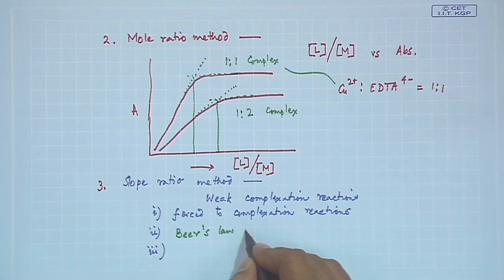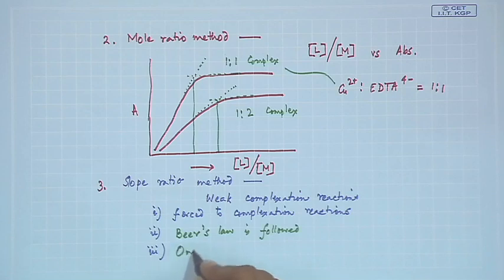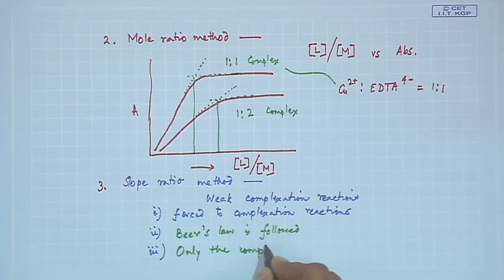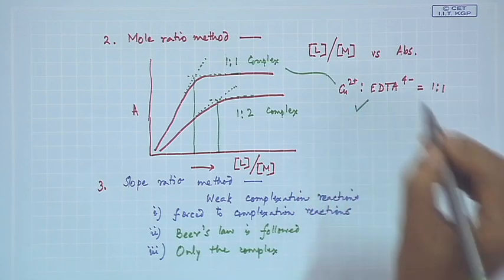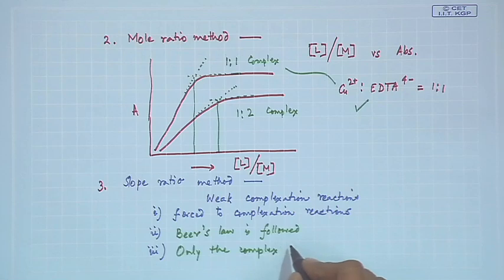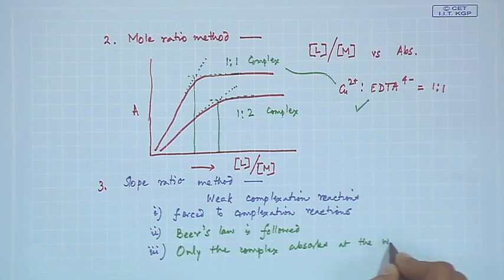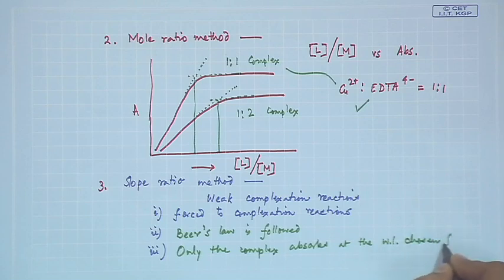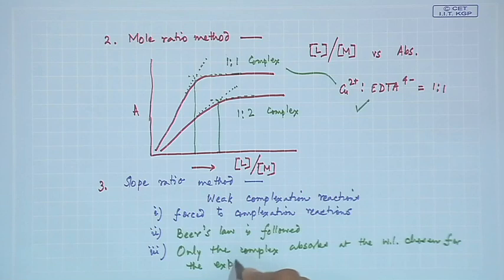Beer's law must be followed, otherwise we cannot use this process, and only the complex, like our copper EDTA complex, absorbs at the wavelength chosen for the experiment.